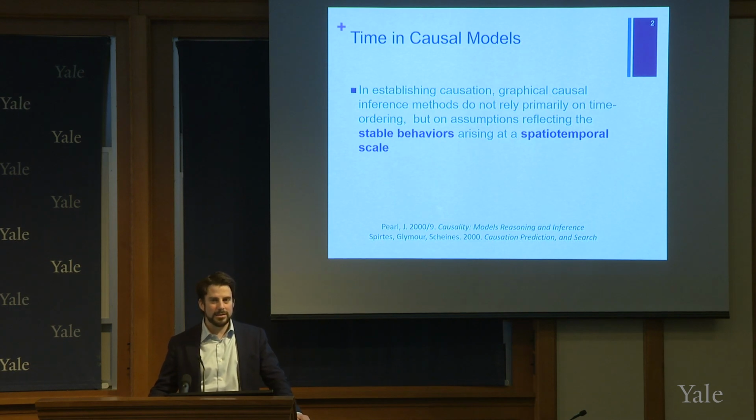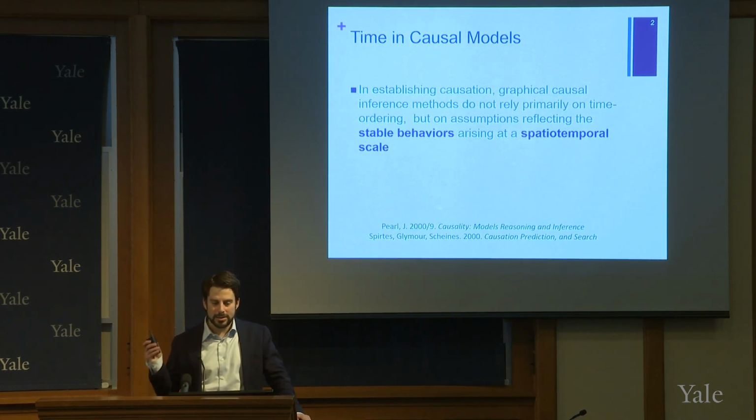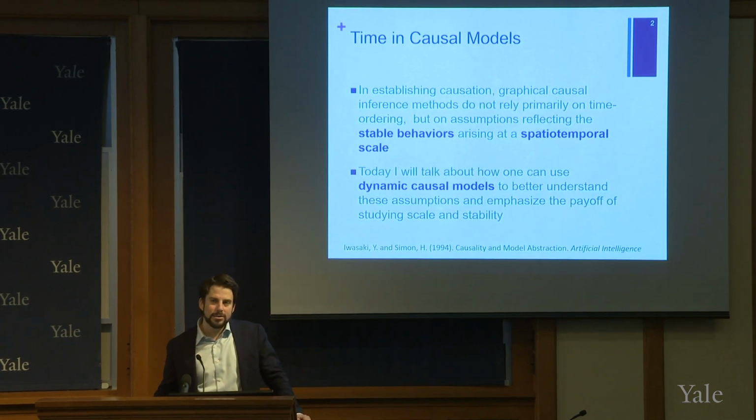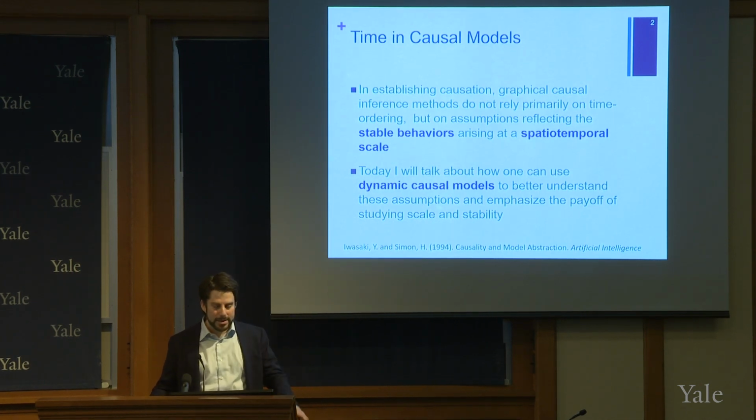So that causes precede their effects plays surprisingly little role in these methods. But when we look at what's going on, many of the assumptions are really assumptions about temporal stability and stable behaviors arising at particular spatiotemporal scales. And the point of today's talk is to show how to use dynamic causal models as developed by Iwasaki and Simon in order to better understand these timescale and stability assumptions.